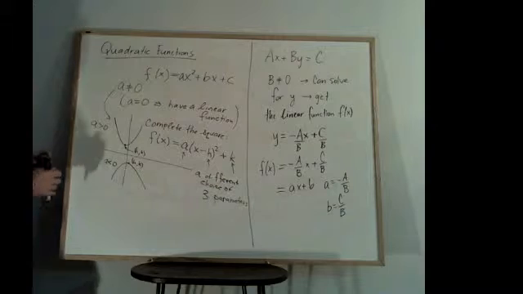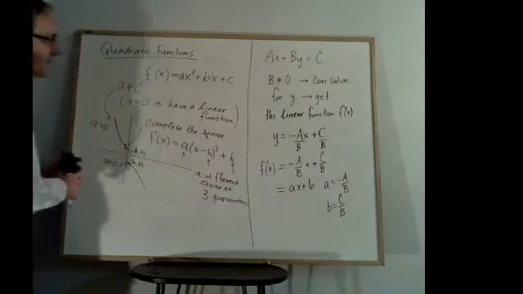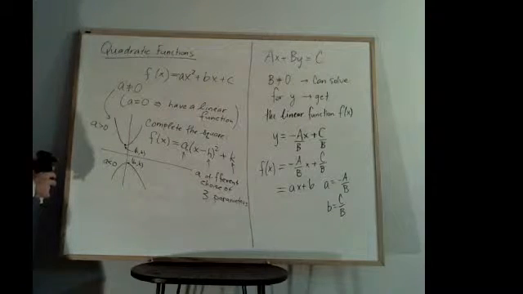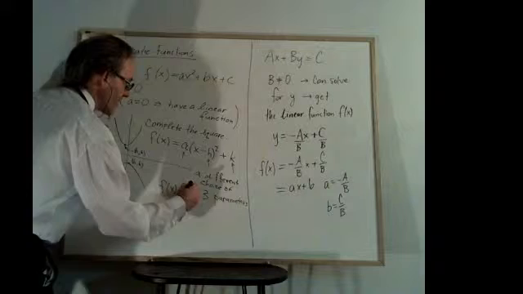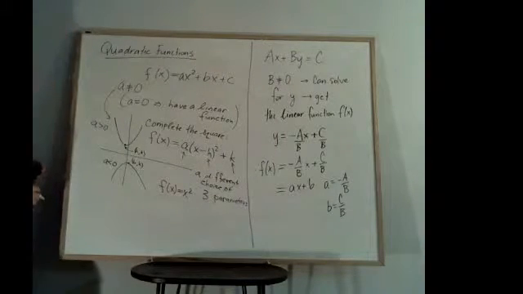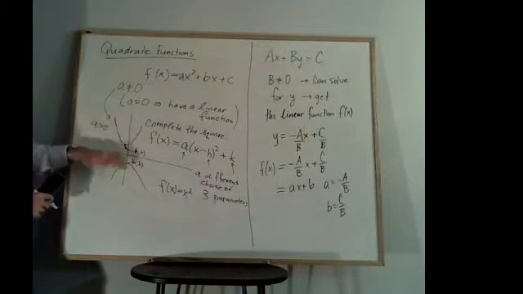Now the geometrical significance also of h, k, and a are that they are shifts of the graph f of x is equal to x squared. So remember, they are transformations of this toolkit function. So changing the sign of a will flip the graph over the x-axis.